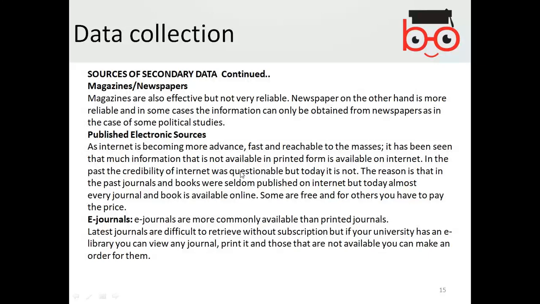In the past, the credibility of the internet was questionable, but today it is not. So overall, the internet is readily available for producing published electronic sources. E-journals are more commonly available than printed journals.